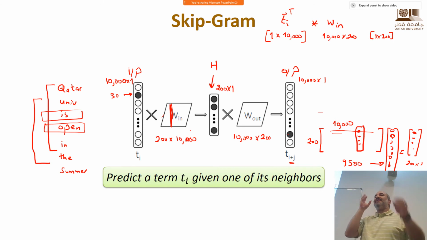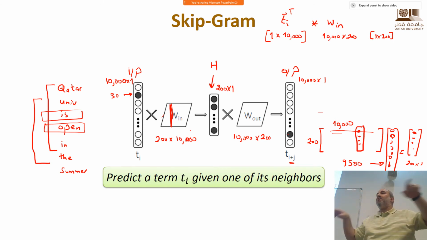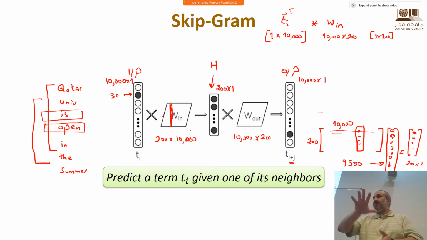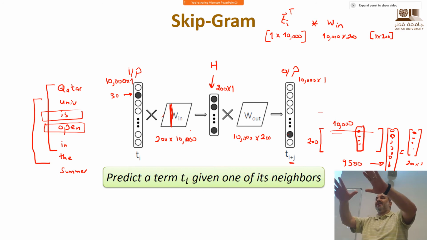Let's say that we have a black box called training. We will feed that black box all of the training data that we will generate from the collection. We all understand that, right? Out of that box, we will get the embeddings, which is one of these matrices, let's say the input matrix.